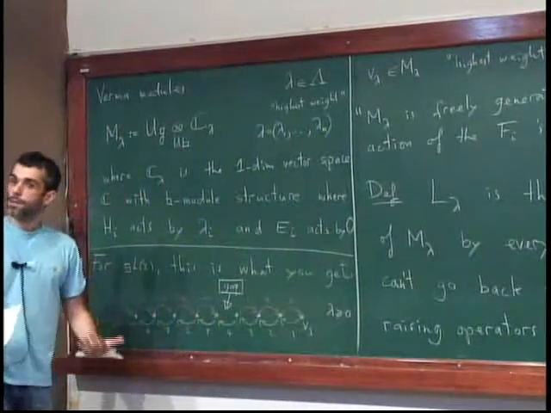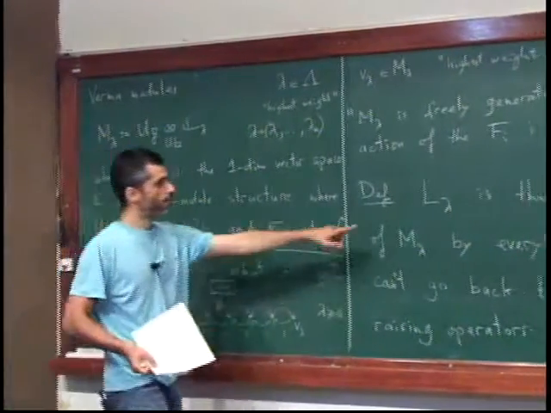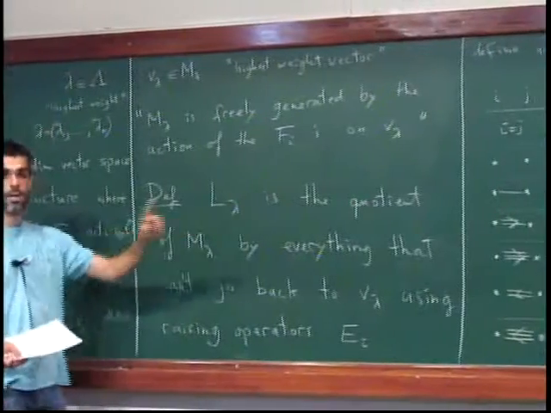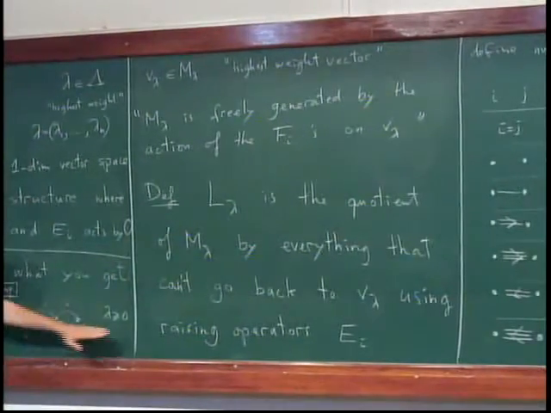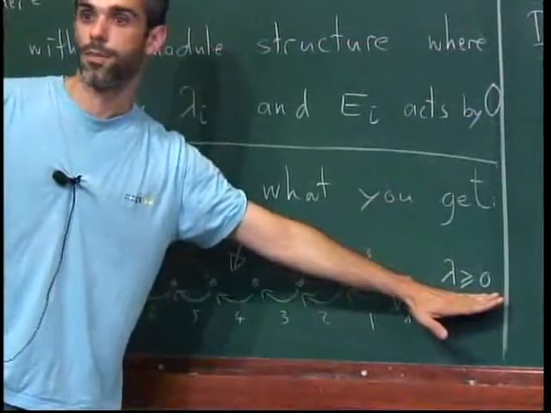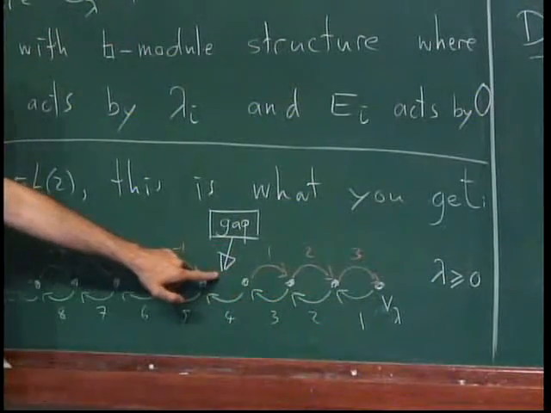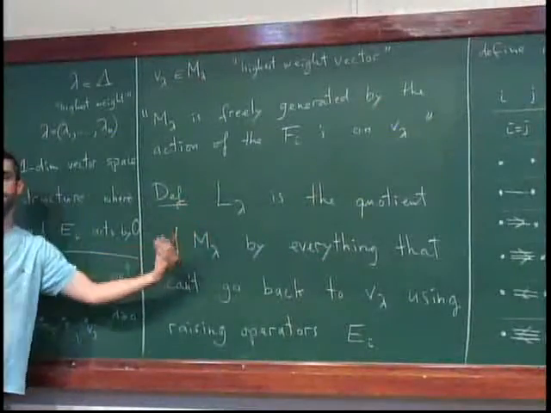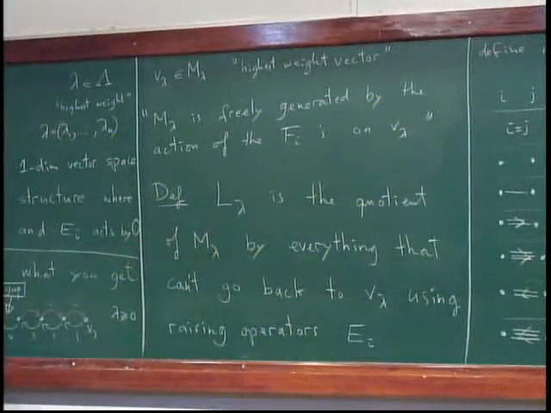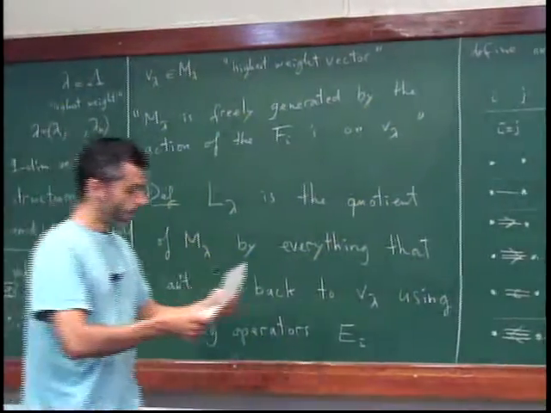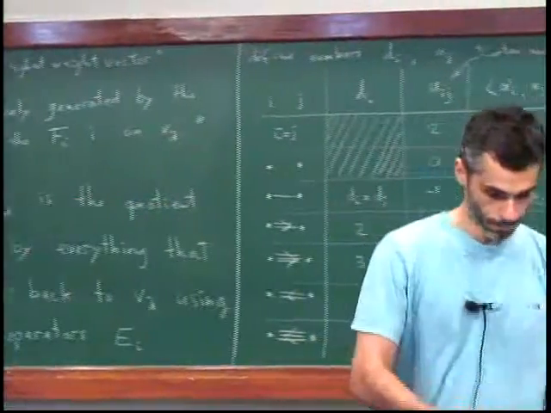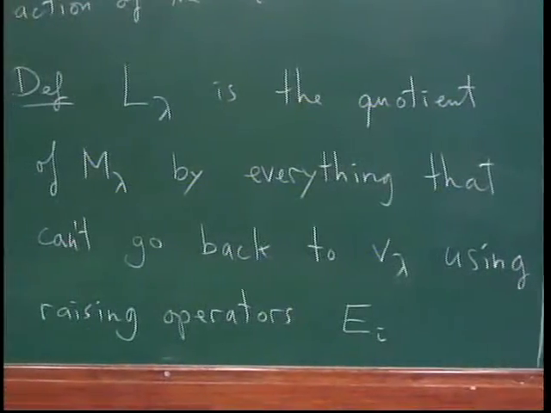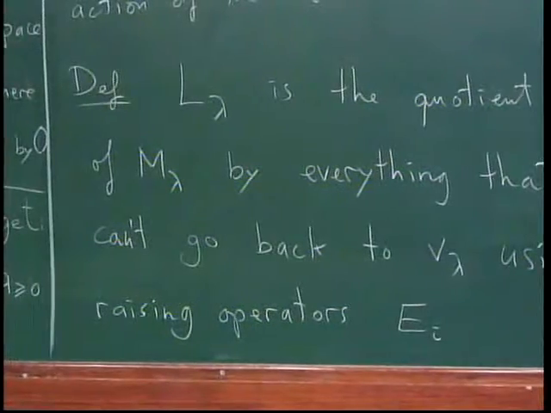It's a non-trivial fact that this will end up being finite dimensional. And actually, it's not always true. It's only true for positive lambda. If I start with a negative lambda, I wouldn't have this gap, and then L lambda wouldn't be any different from M lambda. So let me do an SL3 example.